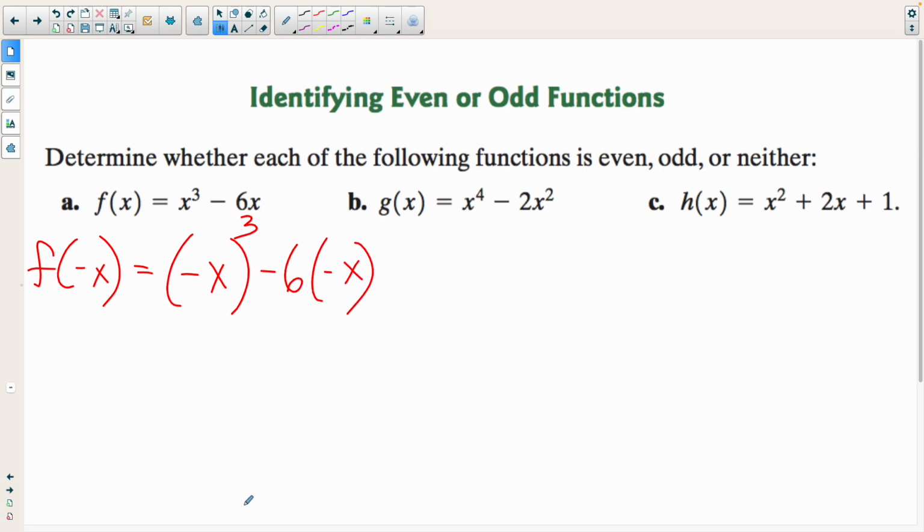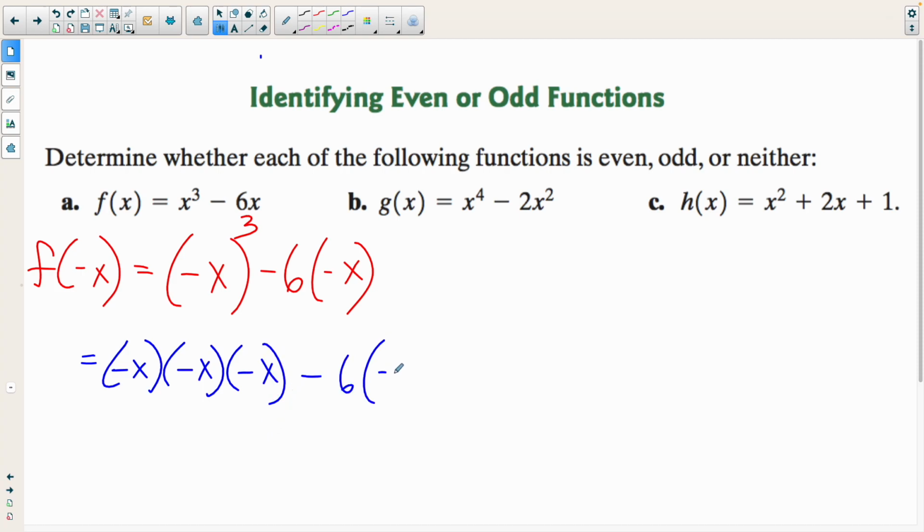Okay, so we plug in a negative. And then we have to evaluate the parentheses out. A good way to think about this, I'll show you a shortcut as we go a little further, but negative x cubed means we have negative x times negative x times negative x.